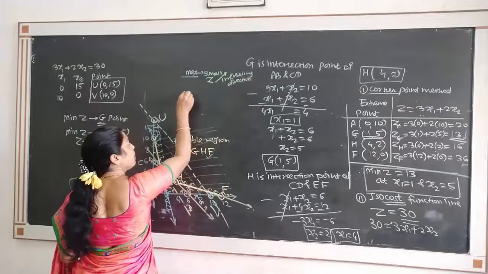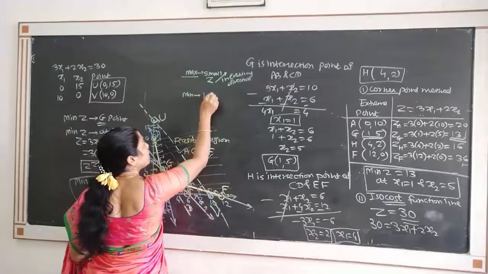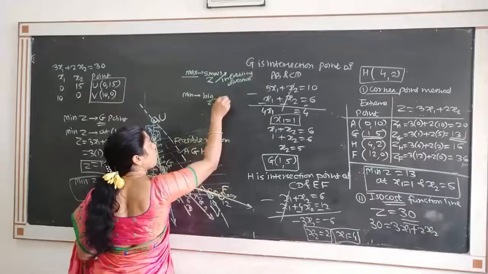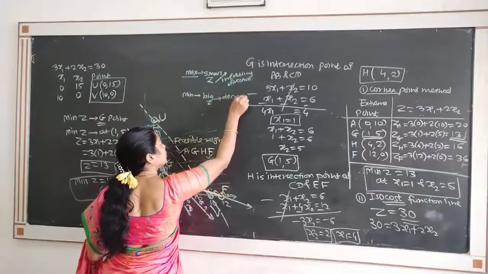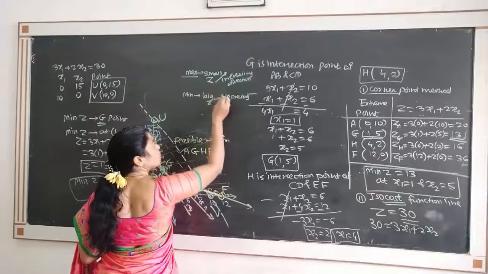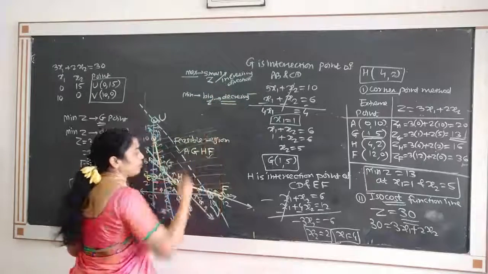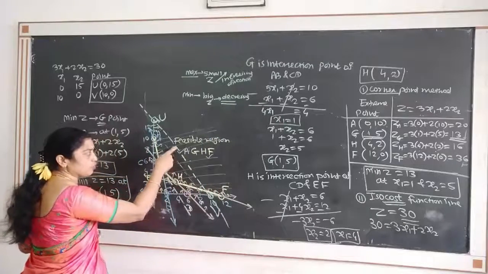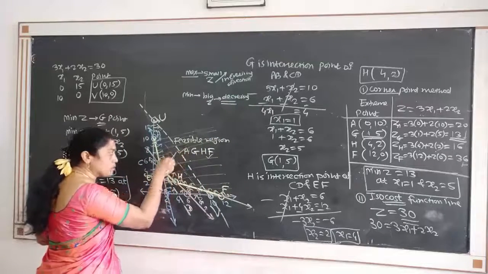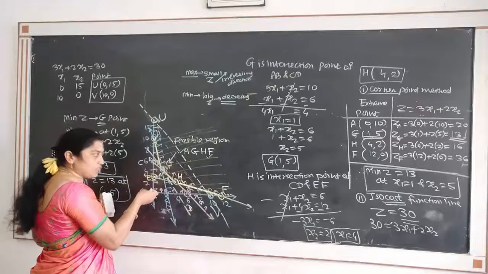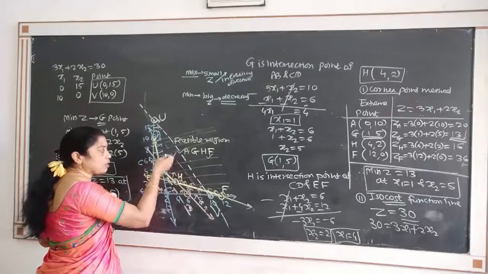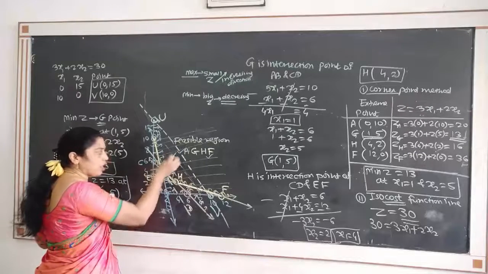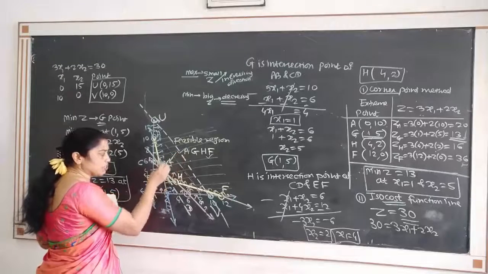And when it is minimization, we take some bigger value of z and go in decreasing direction. Draw lines parallel to the objective function line which are decreasing. So I take this objective function line, and because z decreases in this direction, I draw lines parallel to this, which decrease in this direction.